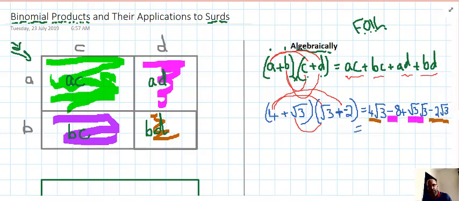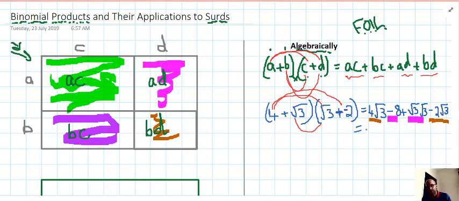Let's simplify. Because I have my existing skills, I can identify that there are some like terms there. In the maroon, I've got the root 3's, the surds, multiples of root 3, and then we've got the integers or whole numbers there with the purple colour highlighted underneath them.